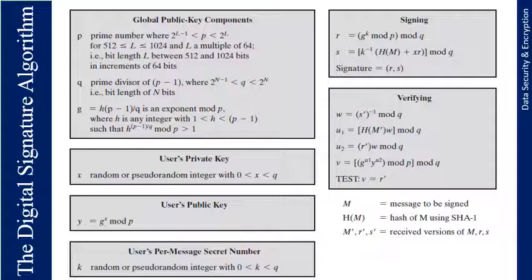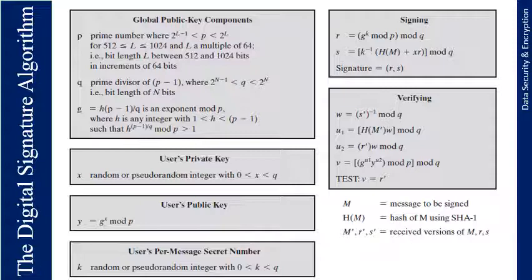So the DSA digital signature algorithm is based on the difficulty of computing discrete logarithms, and it is based on schemes originally presented by ElGamal and Schnorr. So this figure summarizes the algorithm.